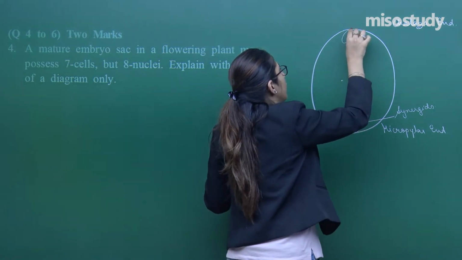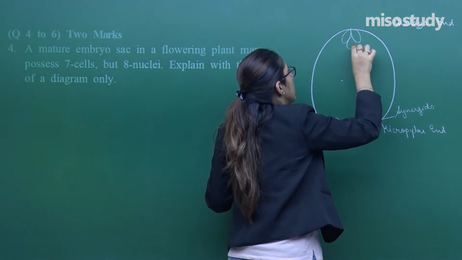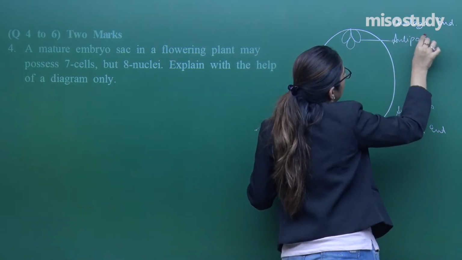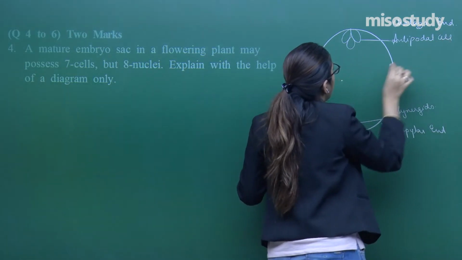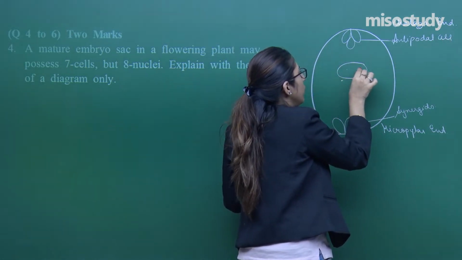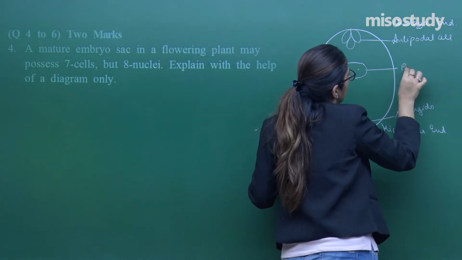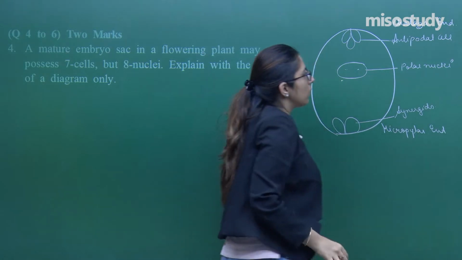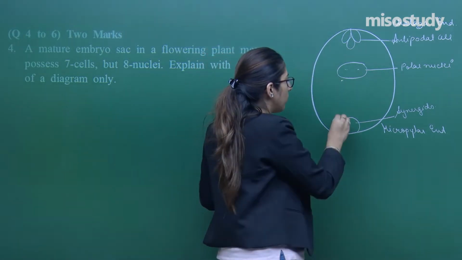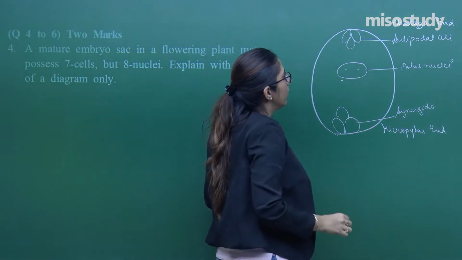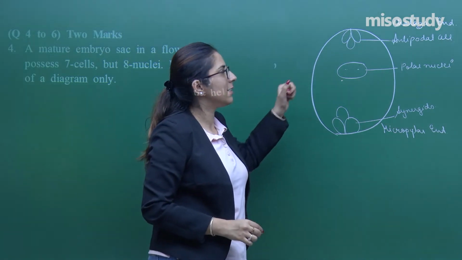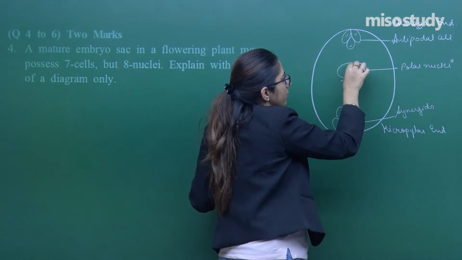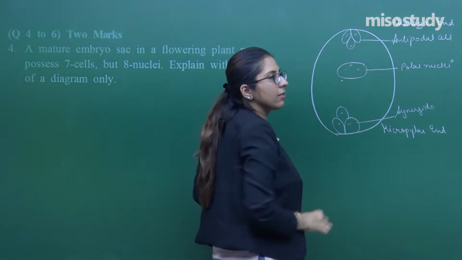Here the 3 antipodal cells are present. In the center, you can see the polar nuclei. Now, count the number of cells present in it. This is number 1, 2, 3, 4, 5, 6 and 7.